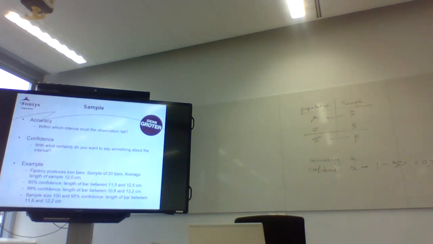Now, the idea is that if I have my sample average, I will use that together with my population standard deviation to get some interval in which mu lies, between these values.